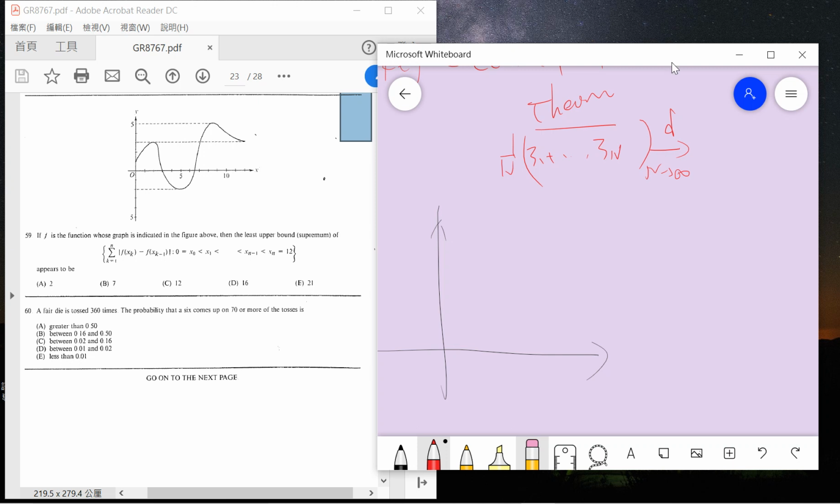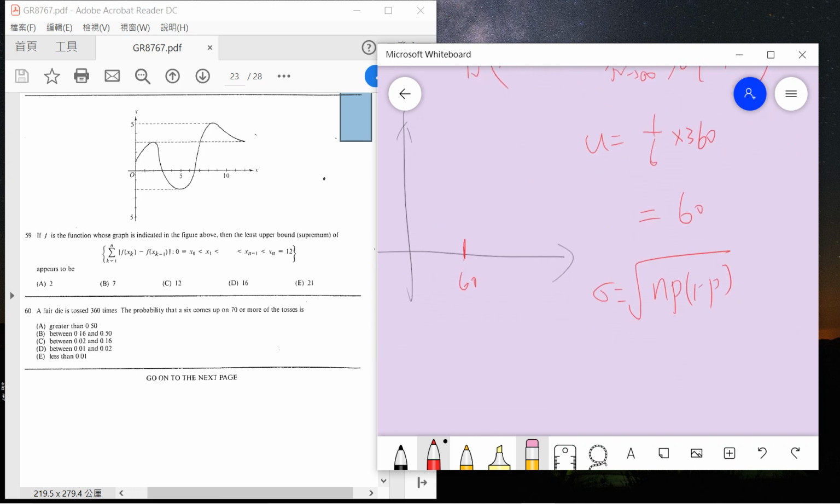Since it's a Gaussian variable, all you need is the mean and the variance. Each time you toss a die, the probability of a 6 is 1/6. So 1/6 times 360 is 60. So the mean is 60, and the variance is n times p times 1 minus p. You need to remember this formula.